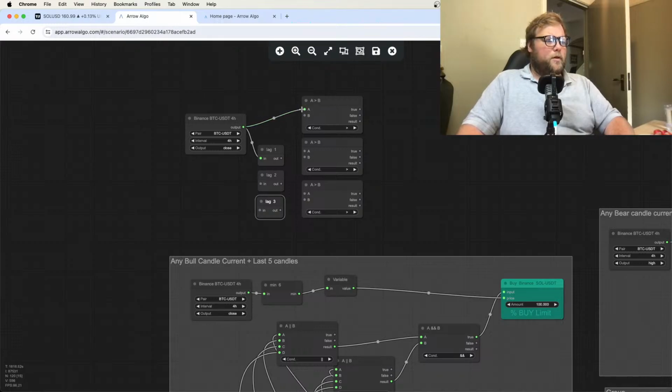So we're looking for the current candle to now be lower than the one before. However, the last candle should be higher than the one before, which should in turn be higher than the one before that.